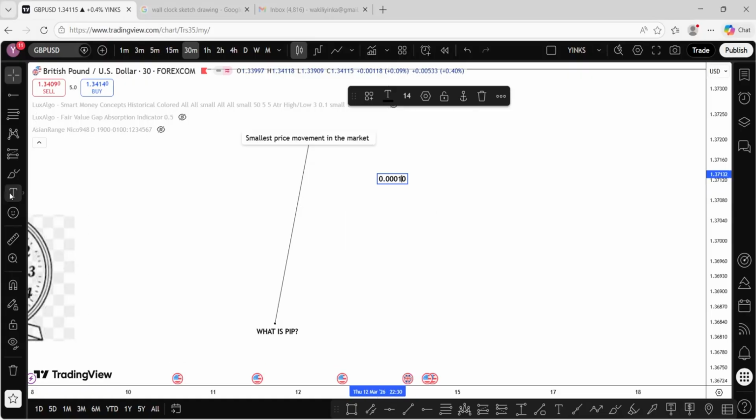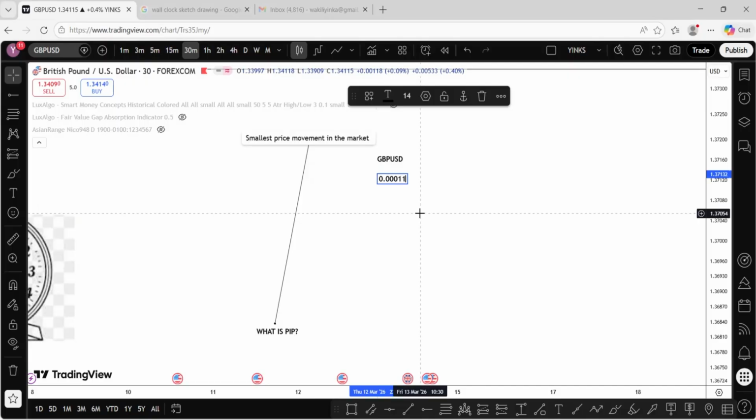Let me put it there again. Let's say this is GBP USD, right? Now, it means the market has moved 10 steps ahead. Remember the clock. Now, we want this to turn into 20 steps. What will happen again?